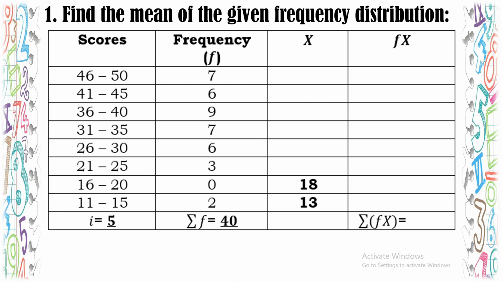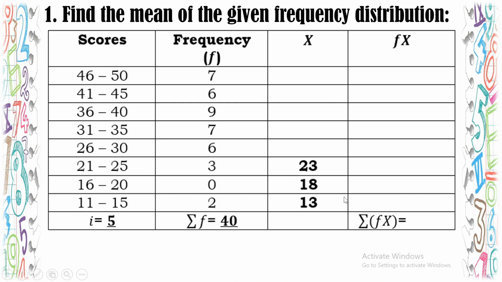Now, you can do that up to the highest class interval. Or, you can just add the class size to the preceding class mark. So, to find the class mark of the class interval 21 to 25, we have 18 plus the class size 5.